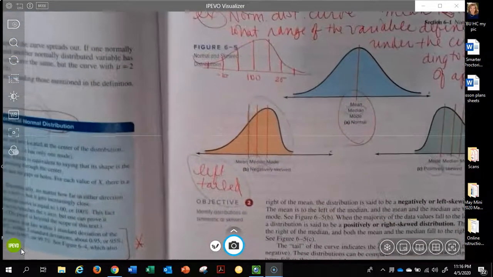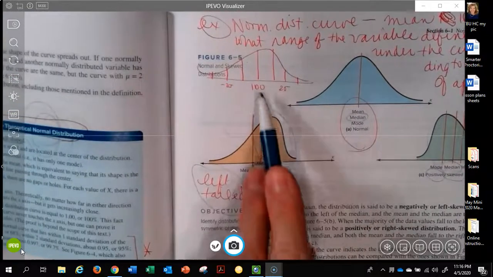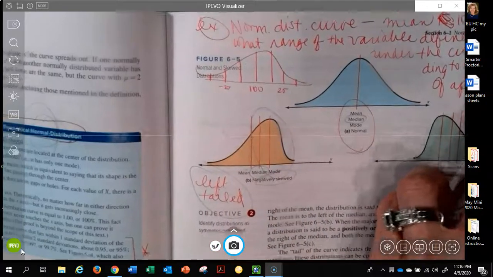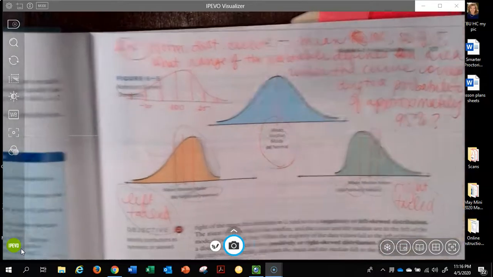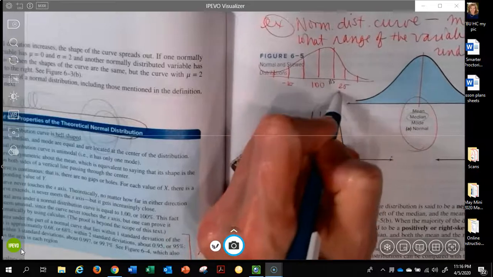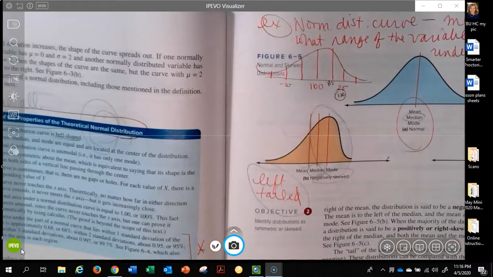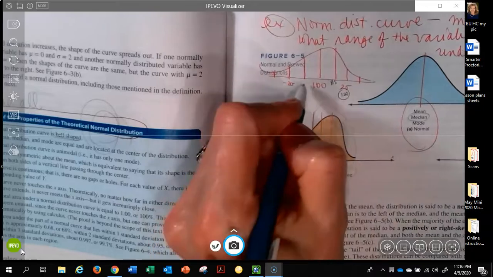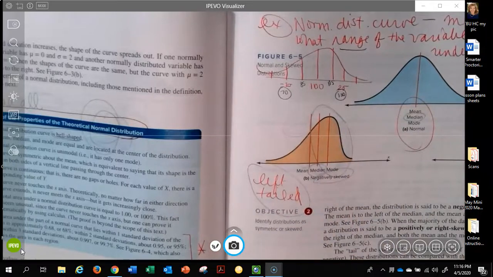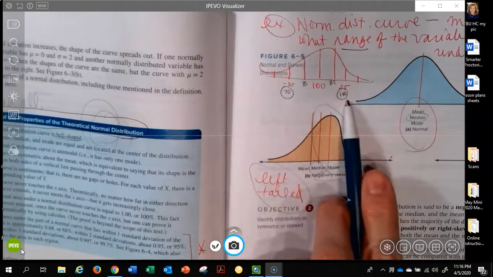And so if I go back up here in my sample problem, if we're talking that the standard deviation is 15, then we would go up 15, up another 15, and that would get us to 2 standard deviations above. And then we would go down 15 and down 15 more. And so the range of the variable that is defined at the area under the curve, approximately 95% of the data values, is going to be from 70 to 130.